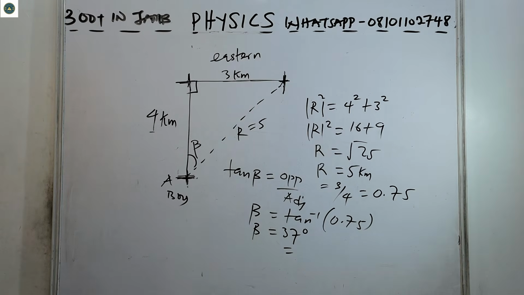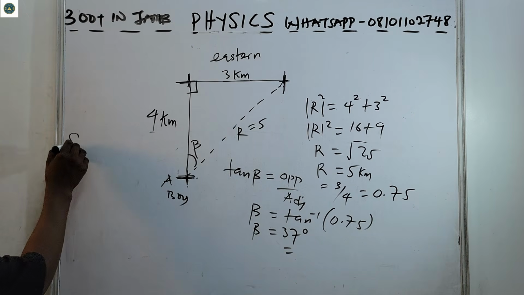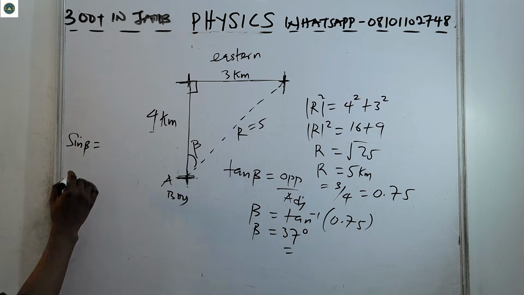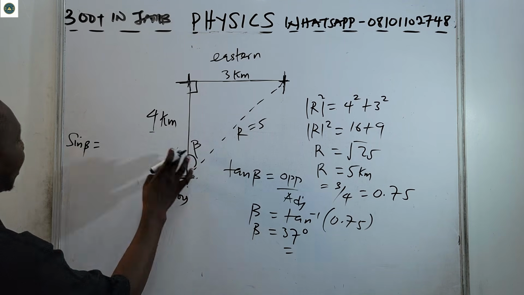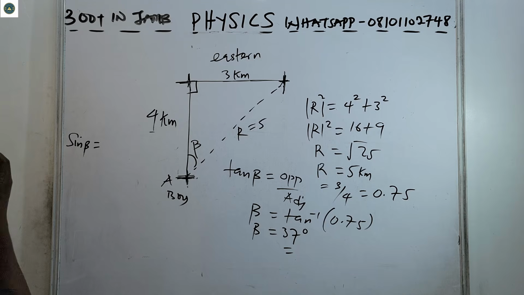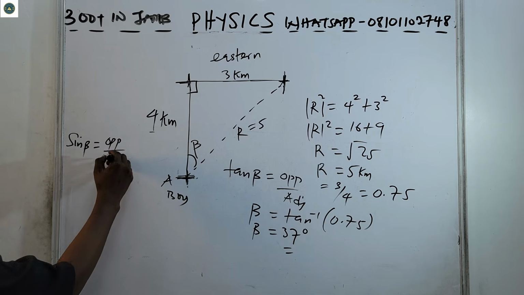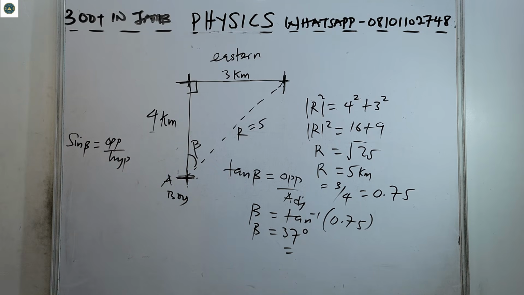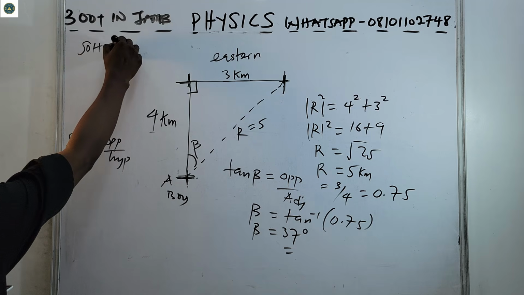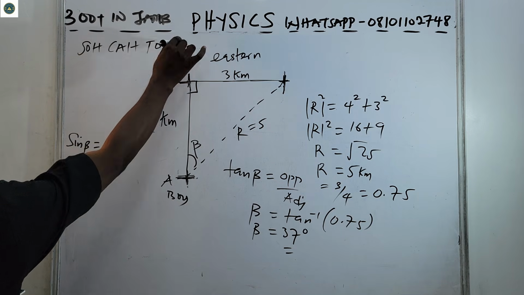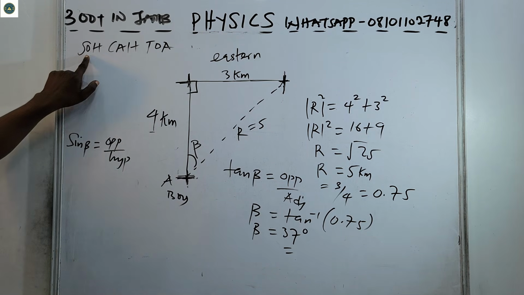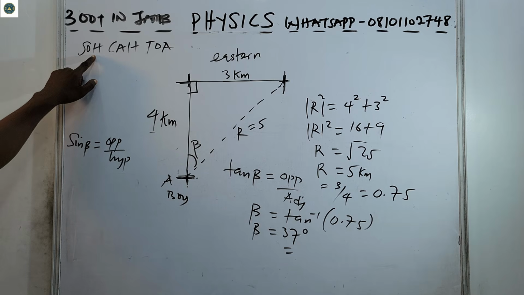Or still, we can decide to use sine. If you don't want to use tan, you can use sine. If I use sine beta, I have opposite over what? Hypotenuse, because from SOHCAHTOA, sine is opposite over hypotenuse.